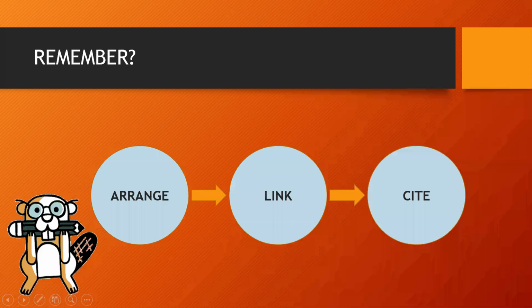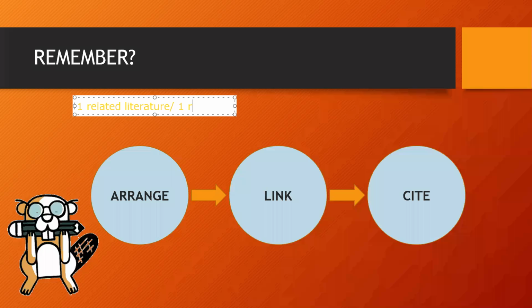One literature, or one related literature, or one related study should be equivalent to one paragraph. So meaning, guys, every paragraph has a different topic, so you must connect them. So count how many book literatures and how many related studies you have put.